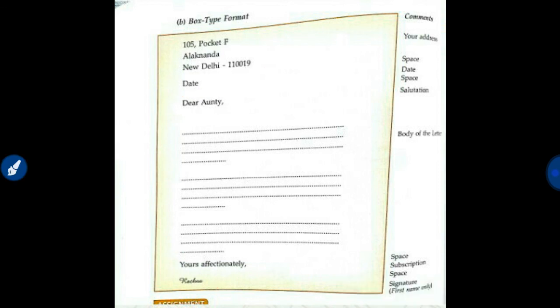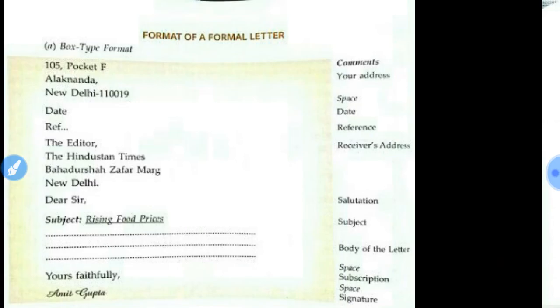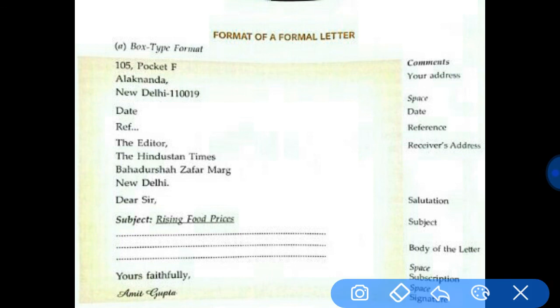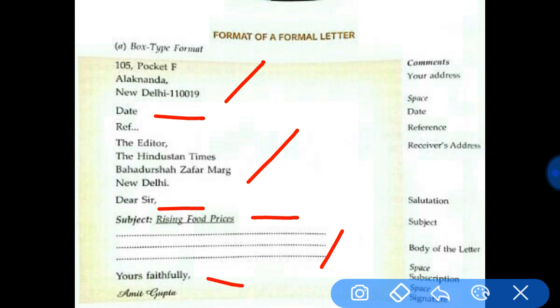And then we have got here in the formal letter name, address of the person who is writing, date, address of the person to whom we are writing, the salutation, and then the subject matter, the body, and then yours affectionately, the ending, and then the full signature with the full name of the person.